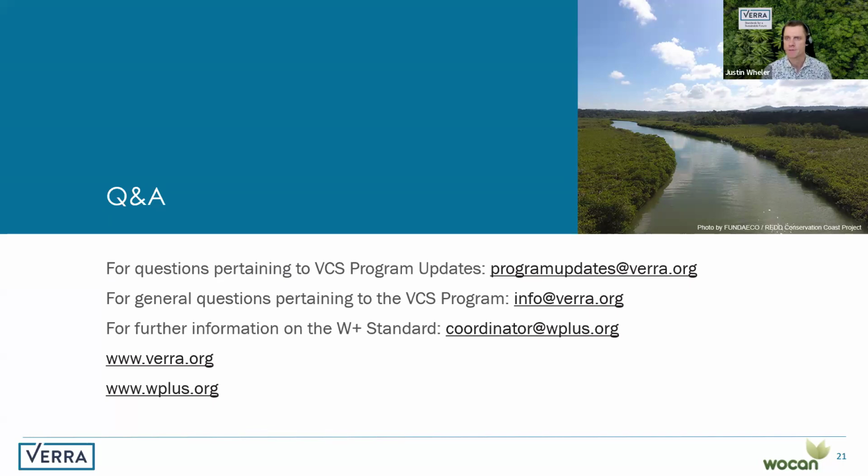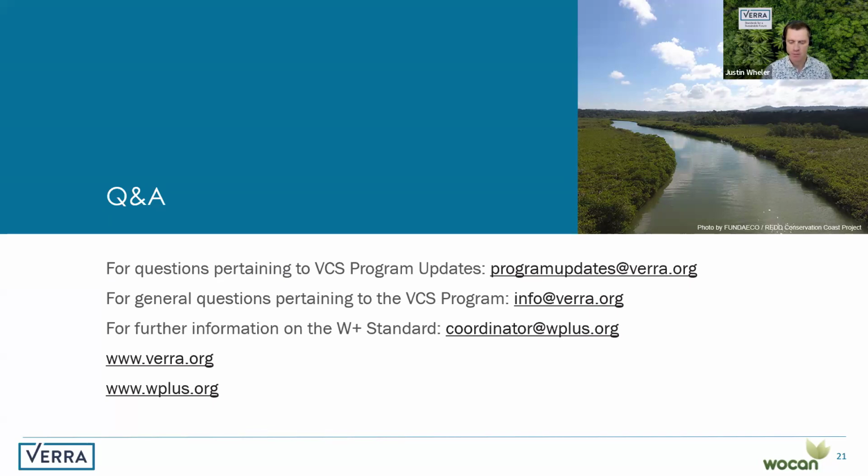Okay, the next one is, with alignment with a VCS project, will it be clear and easy to identify the project periods where the W+ standard was also verified, meaning to make sure older vintages are not incorrectly thought to be inclusive of W+.